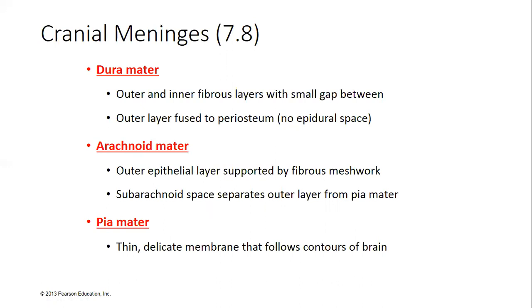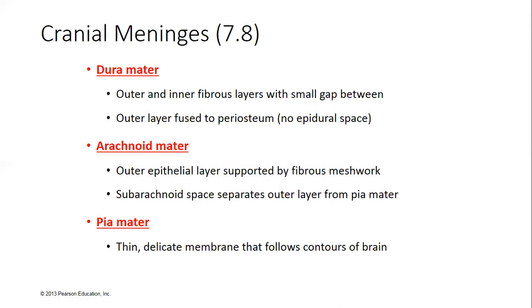The next layer in is called the arachnoid mater. It's called the arachnoid mater because it kind of looks like a spider web. So think arachnid is spider. The outer layer basically creates this mesh network that looks like a spider web, which is why it's called arachnoid mater. And deep to that is where the pia mater is located. Between the arachnoid mater and the pia mater, just underneath the arachnoid, is the subarachnoid space.